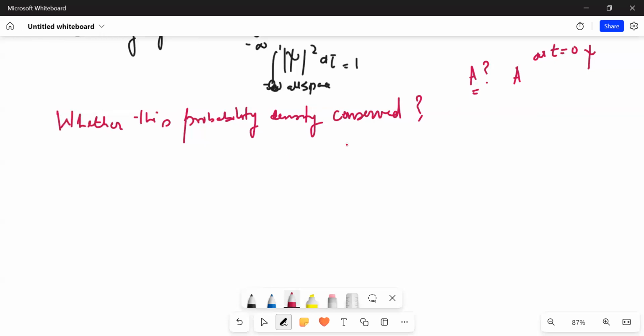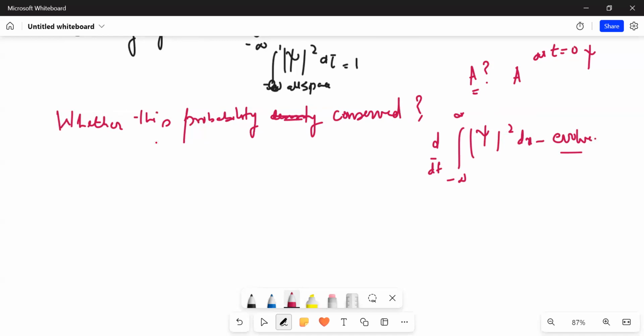If probability is not conserved, then this will evolve in time. And if it evolves in time, then my normalization should change with time, because this is also evolving in time.